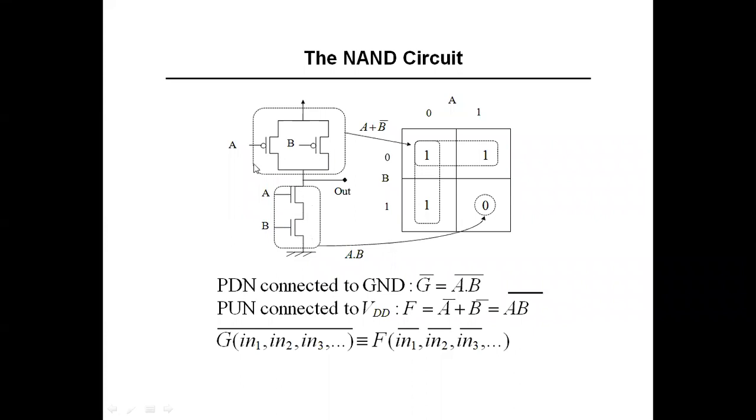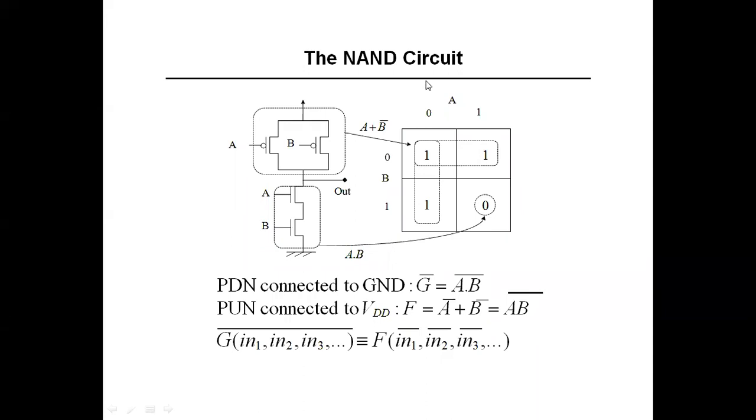Because the pull up and pull down are the duals of each other. If one is parallel, A bar plus B bar, then exactly opposite will be A and B, because these are duals of each other. Finally, the pull down network is connected to the ground. So this output will be (A and B) bar, and the pull up network is A bar plus B bar, but if you solve this, you will get (AB) bar. Now you can check its operation here also, whether it is actually behaving as a NAND gate or not.